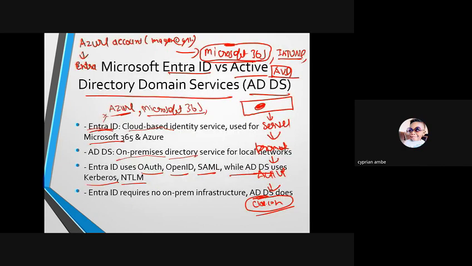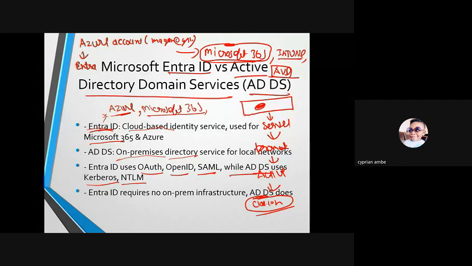Now, what is the difference between ADDS, Active Directory, and Entra ID? ADDS, the Active Directory Domain Service, is used for on-premise infrastructure environments to manage resources, and Entra ID is a cloud-based Active Directory.